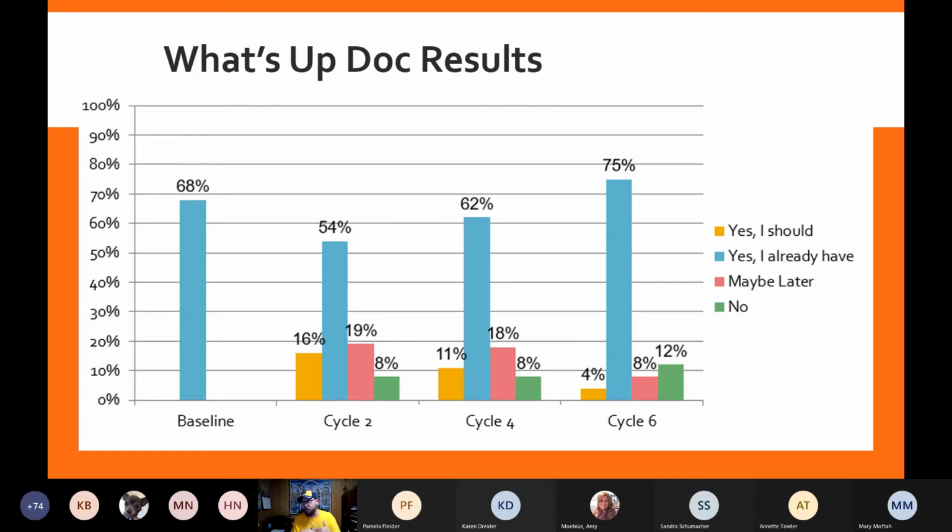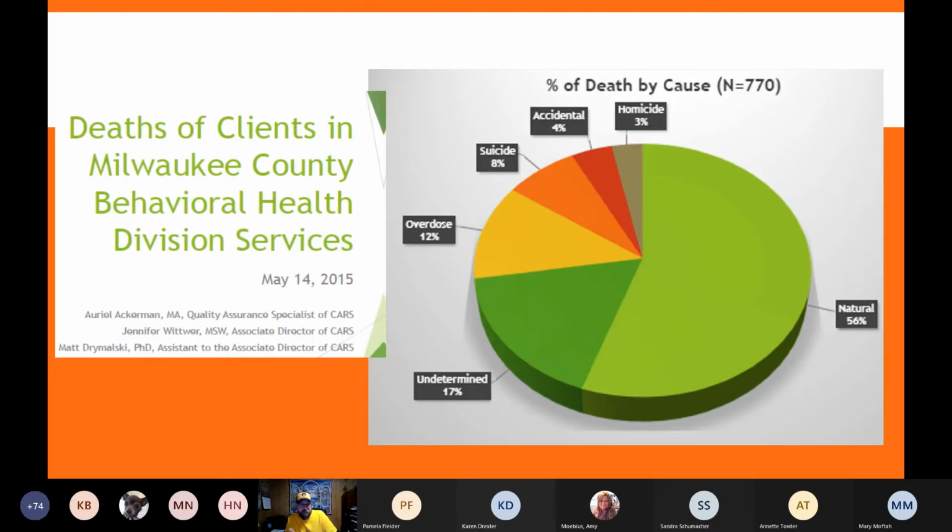Now, what was interesting is when we did our 5x5 storyboard on this, there was some data that came out through another provider. BHD had done their 5x5, and they were looking at the cause of death for individuals that we were servicing out in the community. It showed that 56% of the individuals we're serving died of natural causes.